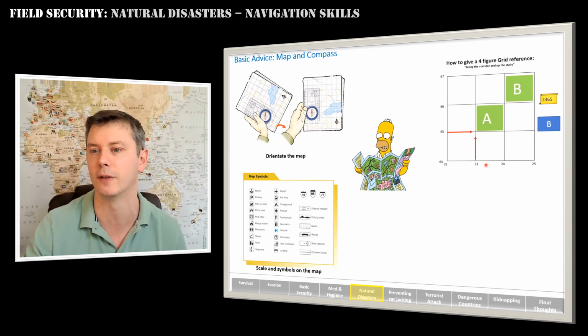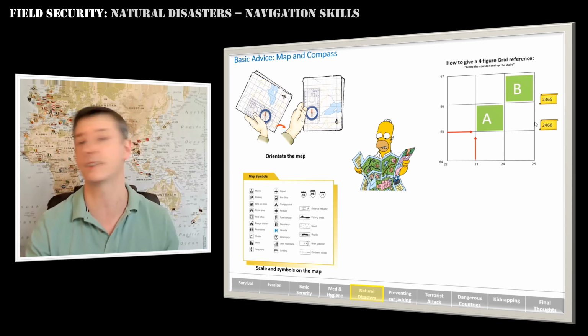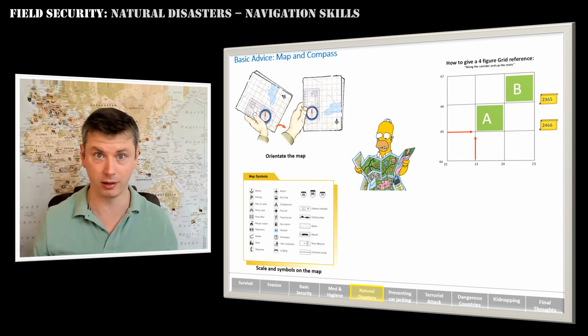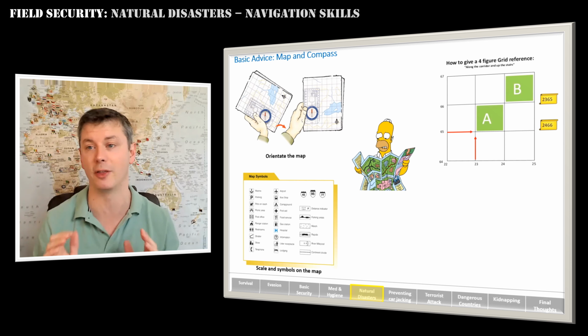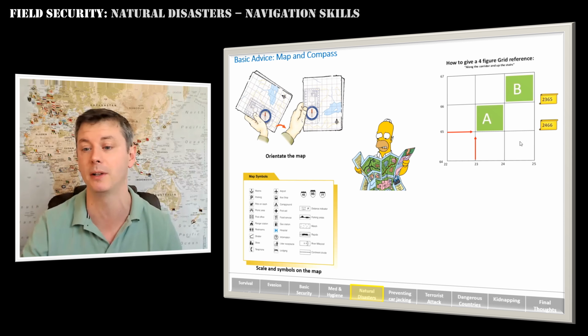Okay, so if we're trying to get to this corner here, we'd be going along to 24 and then up to 66, and that gives us 24, 66. That's easy. That's it. There's nothing more complicated to grid references than that. That is how to find where you are, or if someone gives you a grid reference, how you find it on a map. It's just as simple as that.